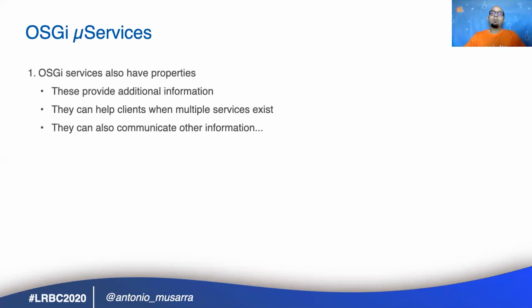OSGi services also have properties. These provide additional information. They can help clients when multiple services exist. They can also communicate other information.